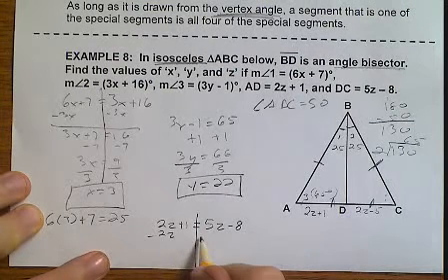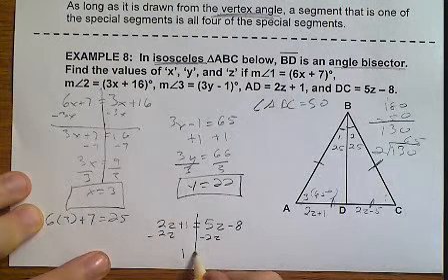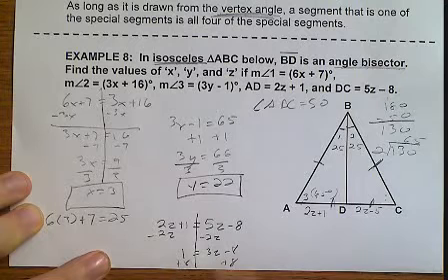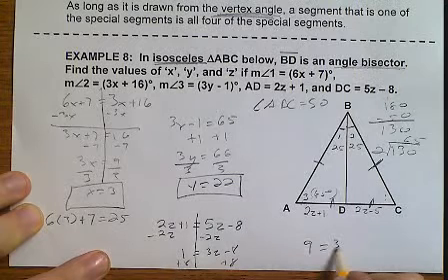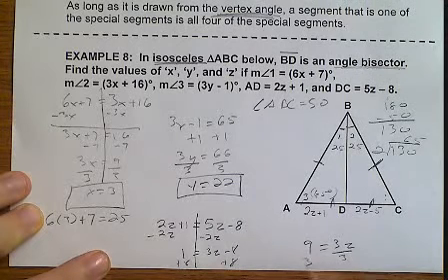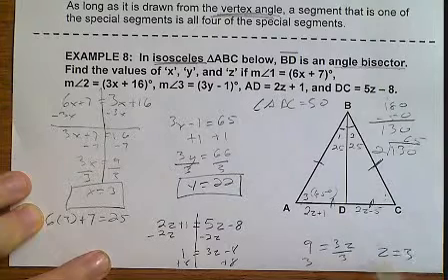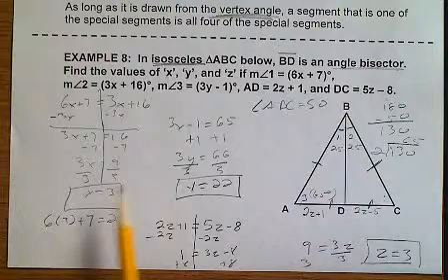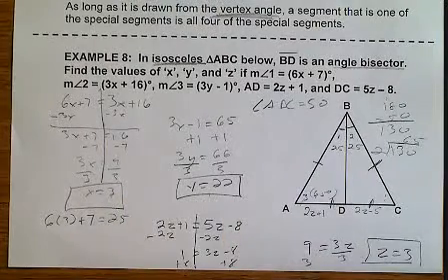Subtract 2z. 1 equals 3z minus 8. Add 8. 9 equals 3z. So z equals 3. So I know that x is 3, y is 22, and z is 3.